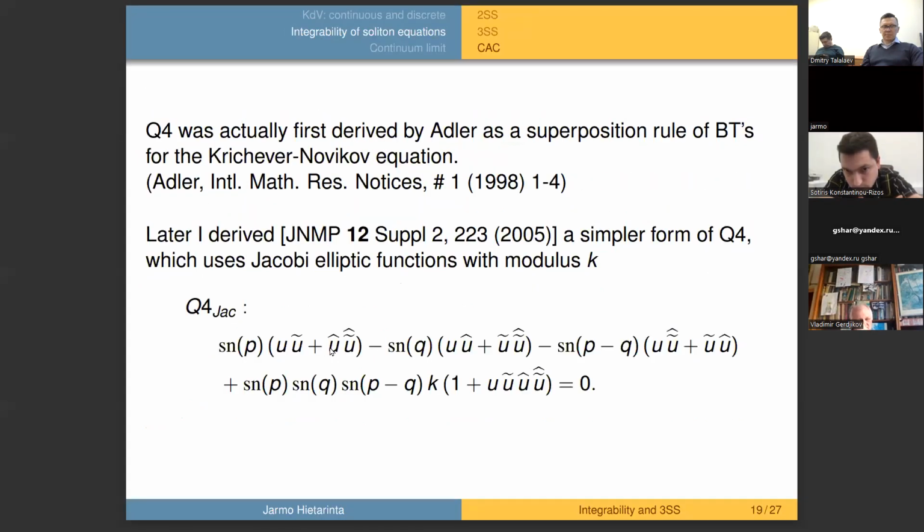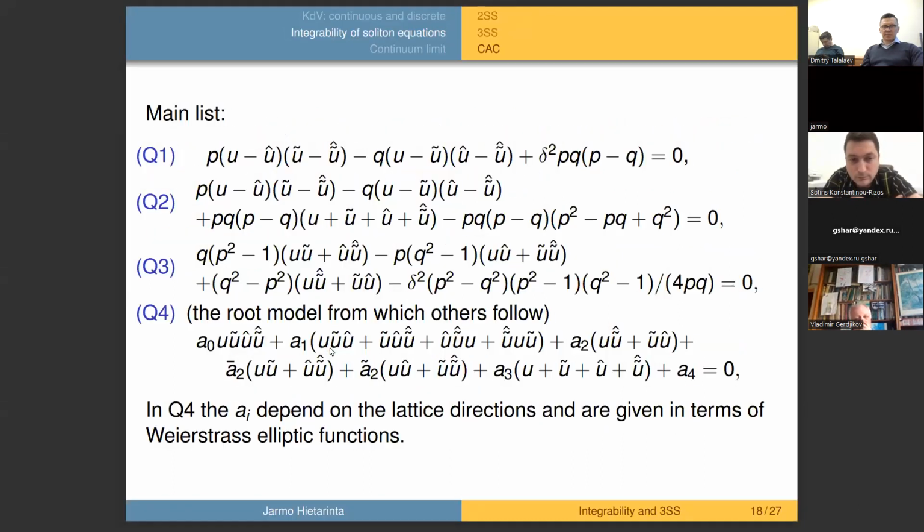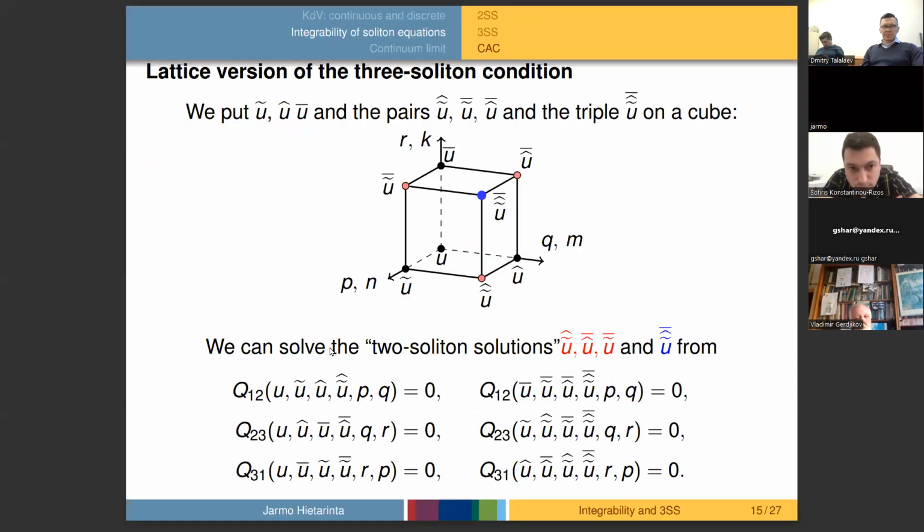So this is the point. The main result here is that this condition, the consistency around the cube condition, is very important, and it allowed Adler, Bobenko and Suris to classify equations with that property.